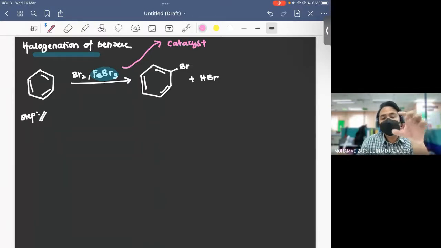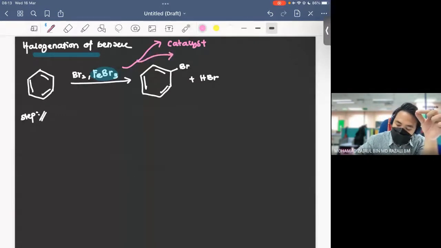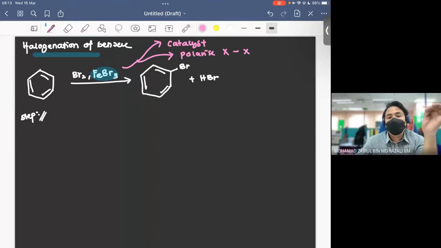So tapi at the end of the reaction, disebabkan dia adalah catalyst, dia kena regenerate balik. So sebab itu adalah one of the properties of the catalyst. So the second property of the Lewis acid ni, it will help to polarize the bond between the halogen atom tu. Reason dia sebab dalam Br2, the bond itu adalah non-polar bond.